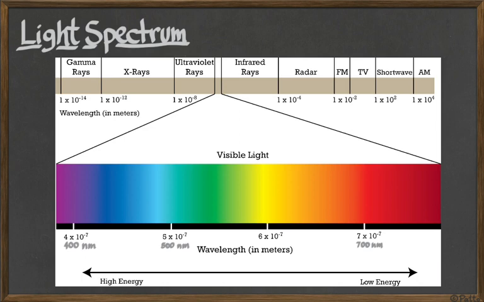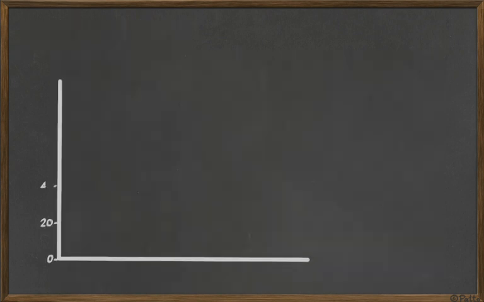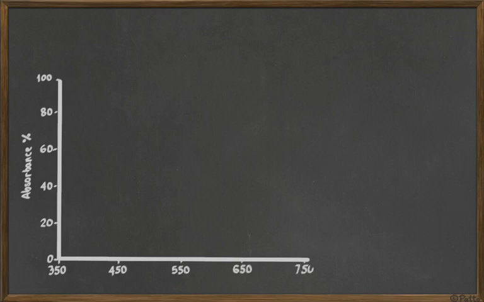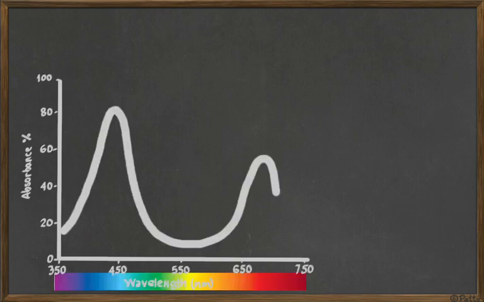The sunlight that comes from the sun has a fairly homogeneous distribution of different wavelengths, making it quite white. So what happens then when this white light hits chlorophyll? On the y-axis, we have absorbance, so how much light is being absorbed.